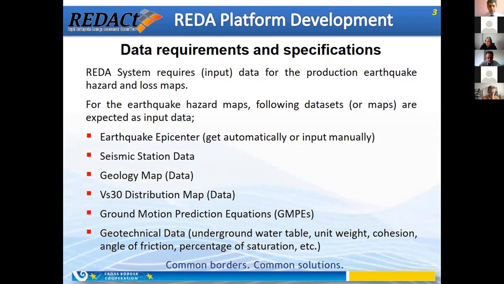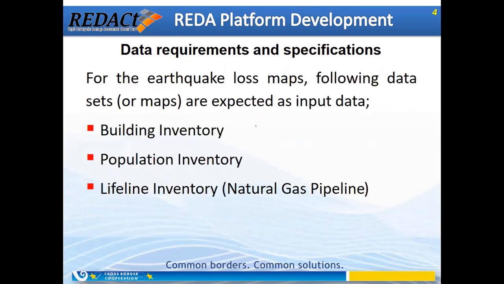Nikos talked about the harmonized ground motion prediction equations, and the geotechnical data that Nikos Klimas mentioned, such as underground water table, unit weight, cohesion, angle of friction, percentage of saturation, etc. So these are all the data we need for the earthquake hazard maps.